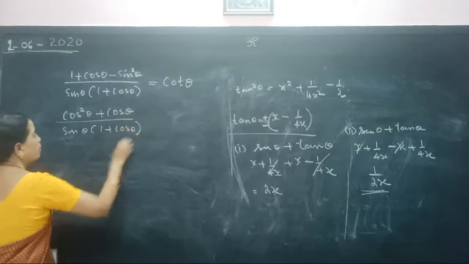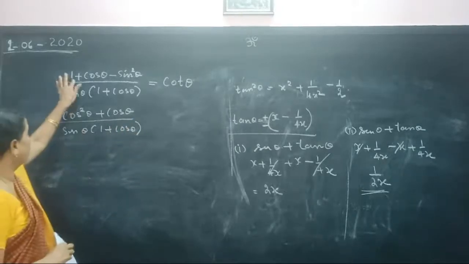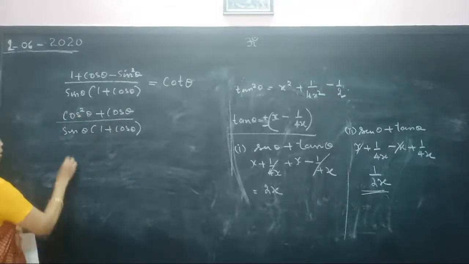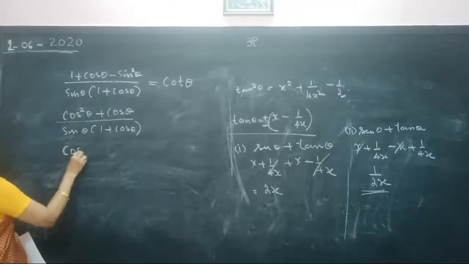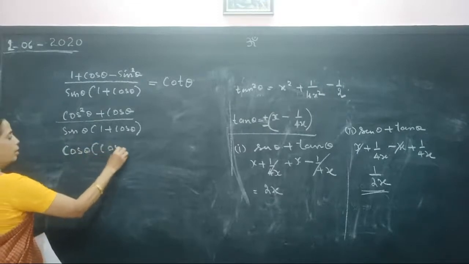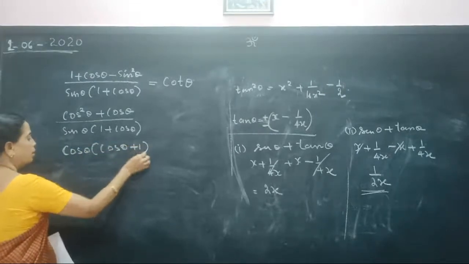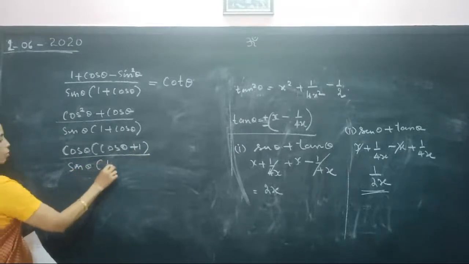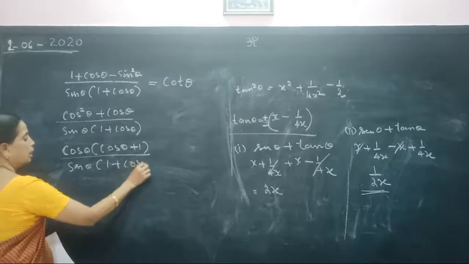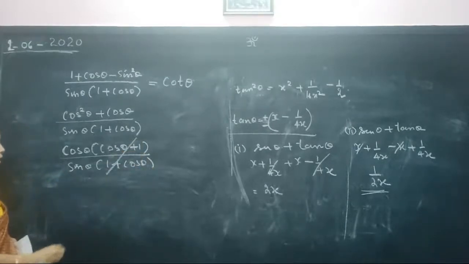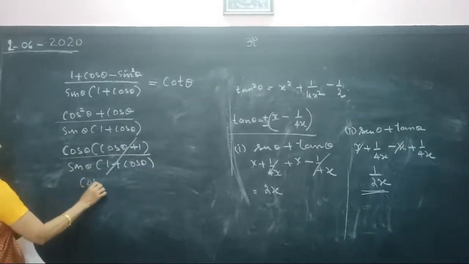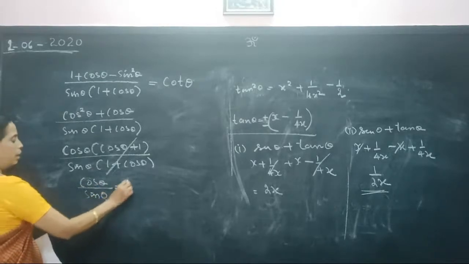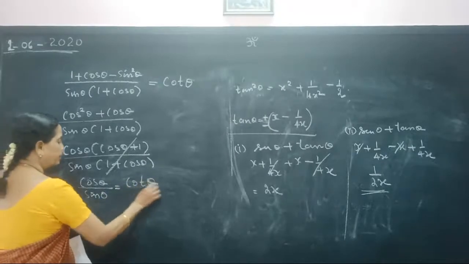Is it clear to everybody? Taken 1 minus sin square theta as cos square theta. In the next step, take out cos theta common, you will get cos theta into 1 plus cos theta by sin theta into 1 plus cos theta. The 1 plus cos theta terms get cancelled. You have cos theta upon sin theta. This is nothing but cot theta.